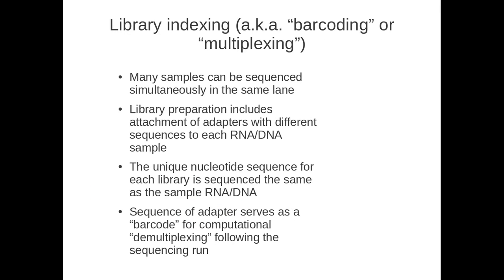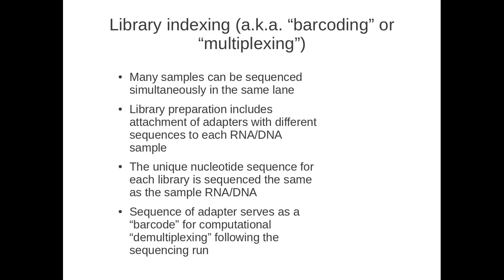A little more vocabulary, library indexing or barcoding. This is the idea that we don't typically sequence just one library per lane. We can frequently multiplex, which means we can sequence multiple libraries per lane.